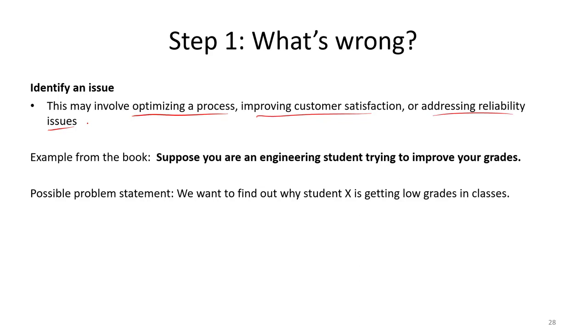And let's try a problem that's maybe a little bit easier to relate to. Suppose you are an engineering student trying to improve your grades. One possible problem statement could be, we want to find out why a student is getting low grades in their classes.